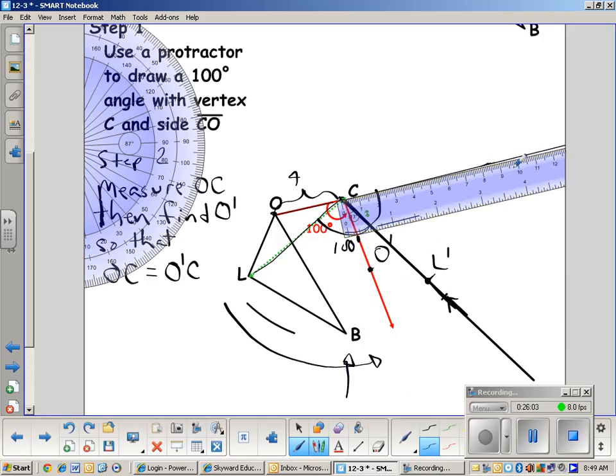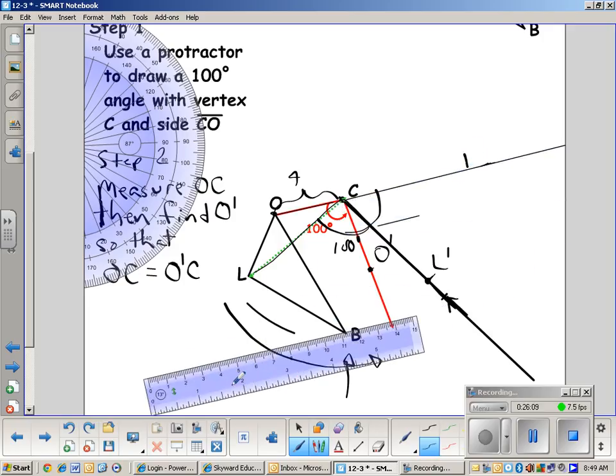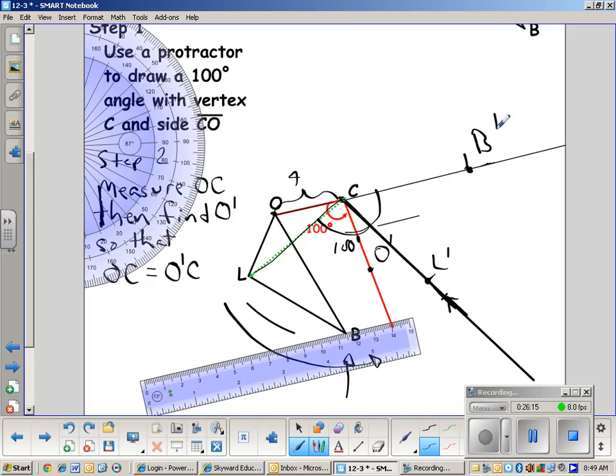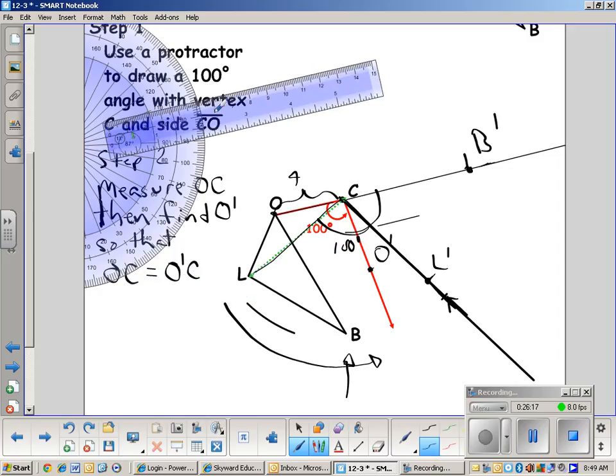I'm going to measure 7.2, which is somewhere right in there, and I'm going to put my dot there. And that's going to be B prime. My B doesn't look very good, but that's what it is. Now I'm just going to use my line feature to connect O to L, L to B, B to O.